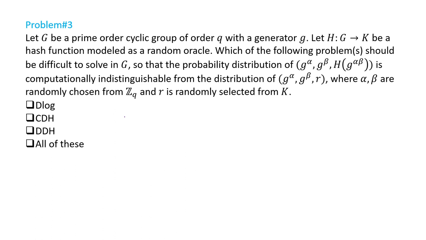Which of the following problems should be difficult to solve in G, so that the probability distribution of g to the power alpha, g to the power beta, and H of g to the power alpha beta is computationally indistinguishable from the distribution of g to the power alpha, g to the power beta, and r, where alpha and beta are randomly chosen from ZQ and r is randomly selected from K. I can wait for your answer.